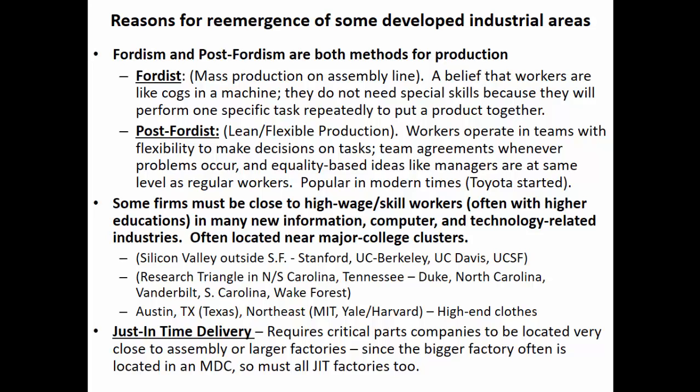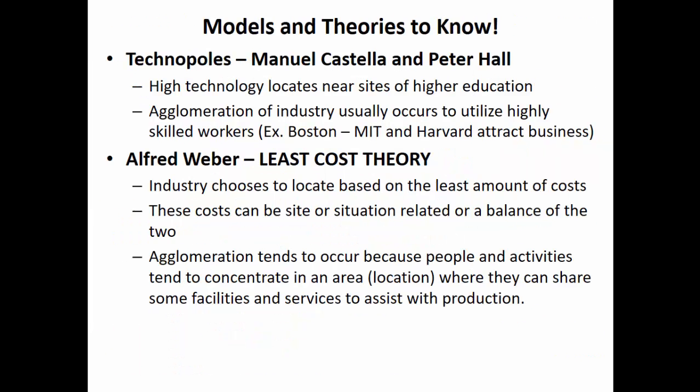Models, theories, you need to know technopoles. It's developed by Manuel Castells and Peter Hall. It really just argues, what we just talked about, that high technology businesses and industries locate near centers of higher education. They take advantage of something called agglomeration of industry, which means they tend to locate and cluster together because they need very specific high-skilled workers, usually highly educated professional workers with state-of-the-art technology knowledge that they can use to their advantage.